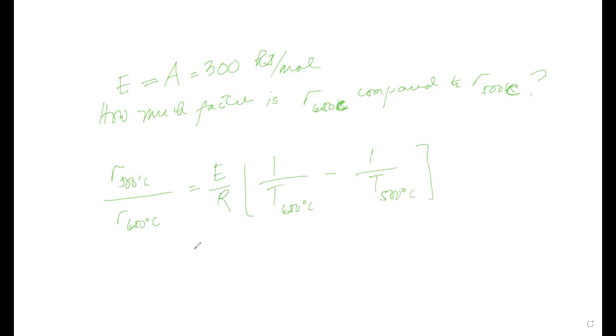So you have activation energy of 300 kilojoule per mole. Since this is joule, what would be the R that you should use? What's the universal gas constant you will use? 8.314. What's the set of units?